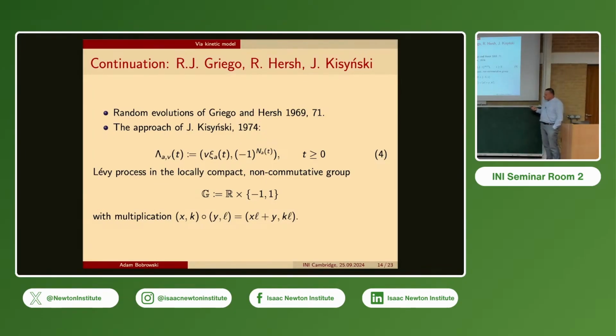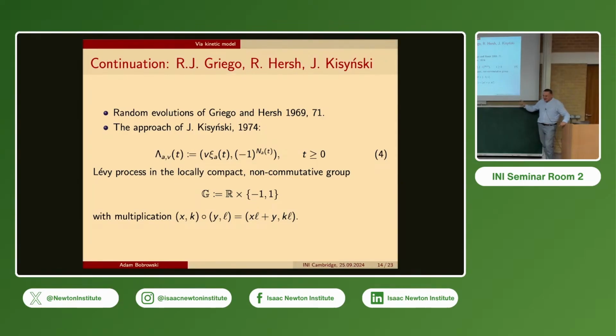Namely, he added a new, second coordinate to the process, Mark Kac's process. If you add this new coordinate, then this is a process that has values in R times {-1, 1}. It turns out that you can introduce multiplication in this set to make it a non-commutative group, and this process becomes a Lévy process.